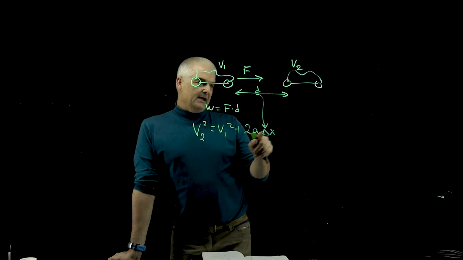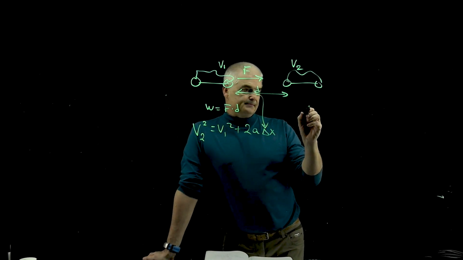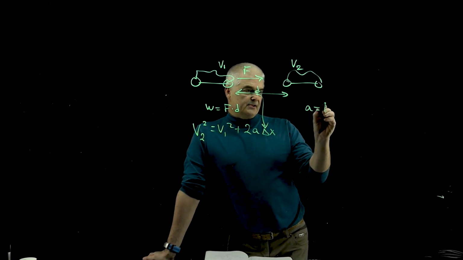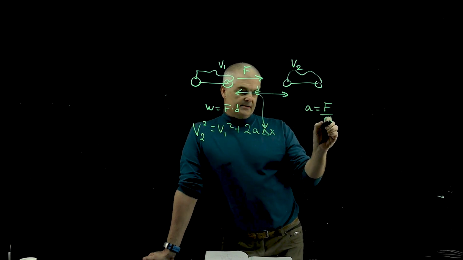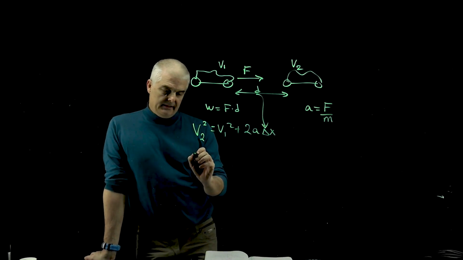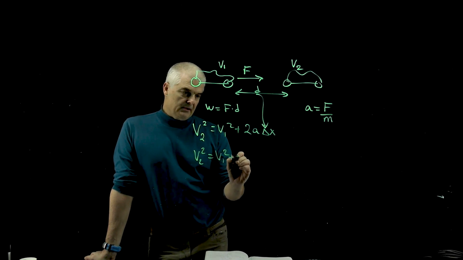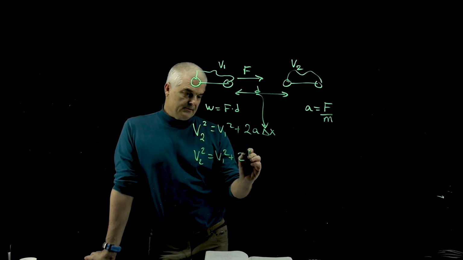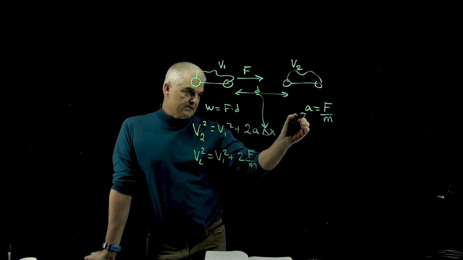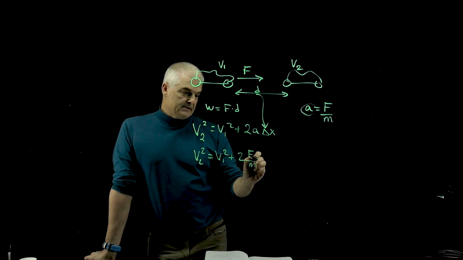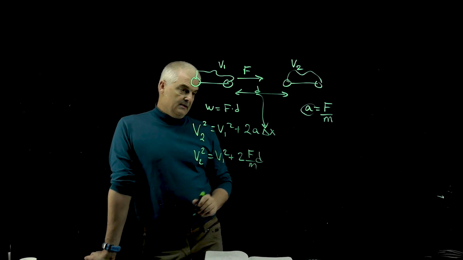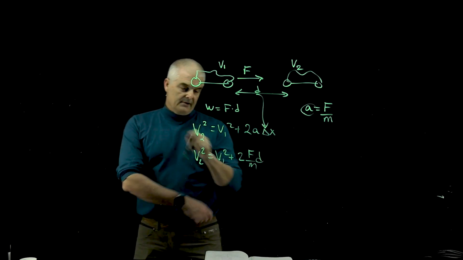And a, from the last unit, is the force divided by the mass. So if I rewrite this, V2 squared equals V1 squared plus 2 times the force over the mass, that's the a, times d. I'm substituting d in for delta x.